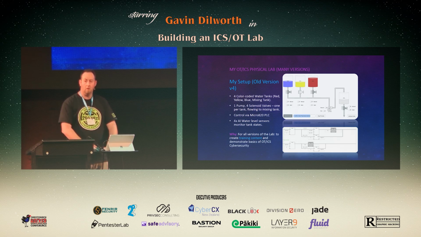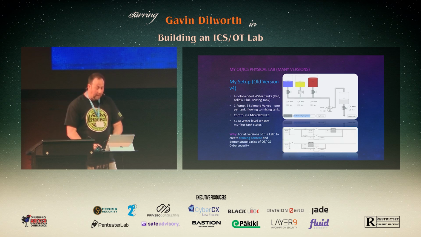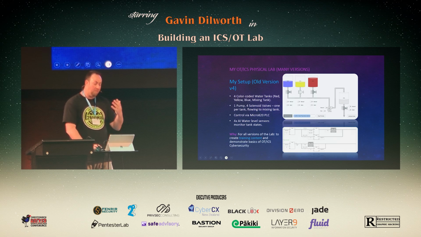That's an industrial protocol for those that aren't aware. That was the initial conception, and it's changed over time, and it's gotten more and more complicated as I've gotten bored, I guess. Now I'm up to version 5, and version 4 was my old one from last year.